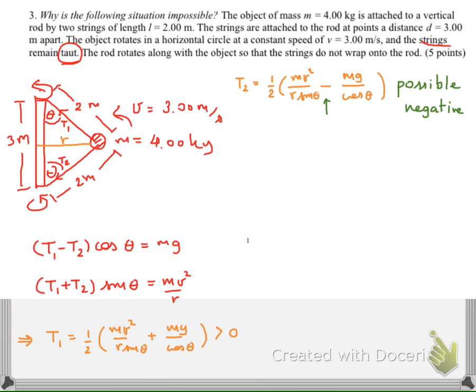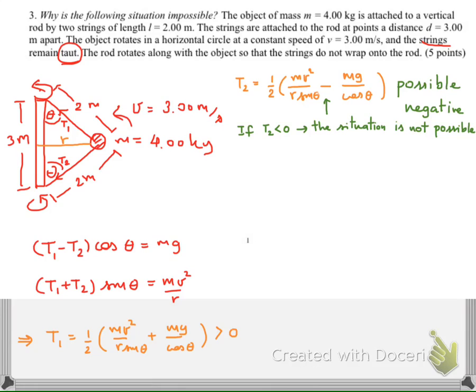So if T2 is less than 0, the situation is not possible because we cannot have a negative tension.